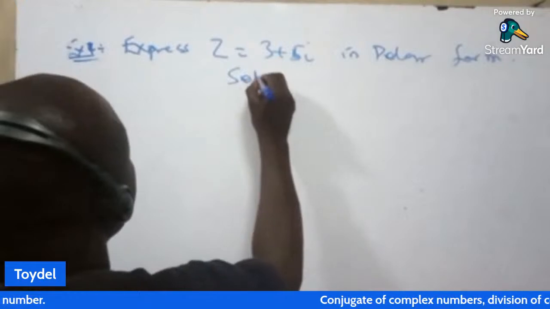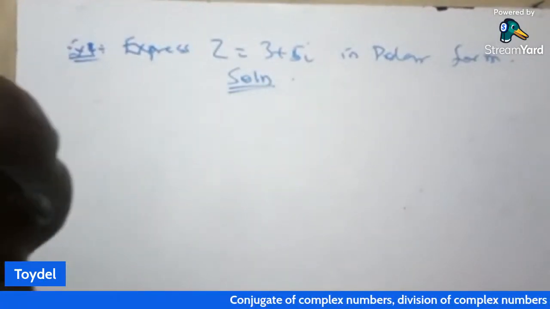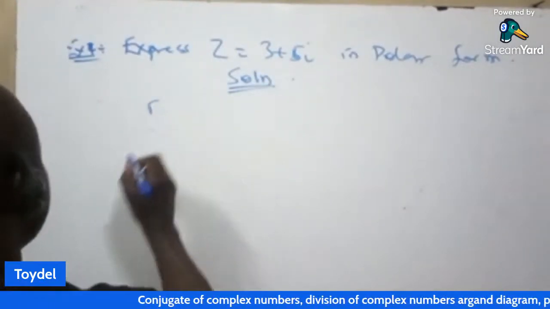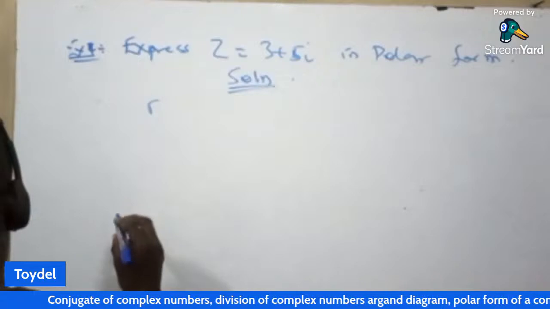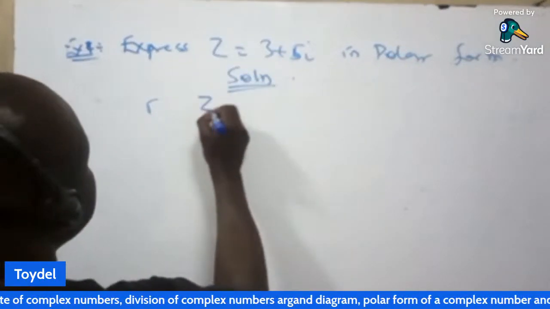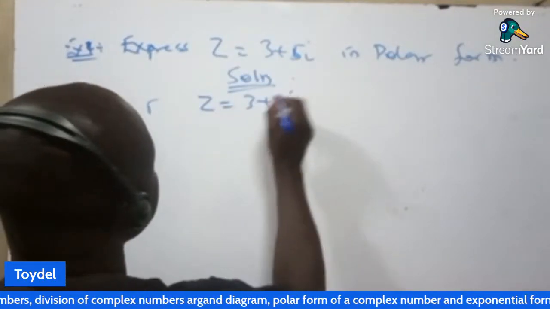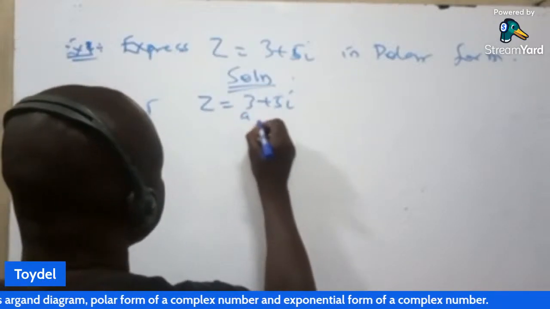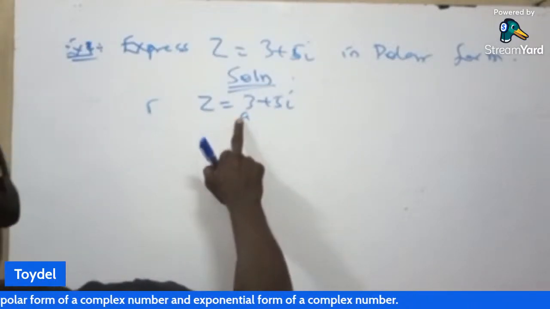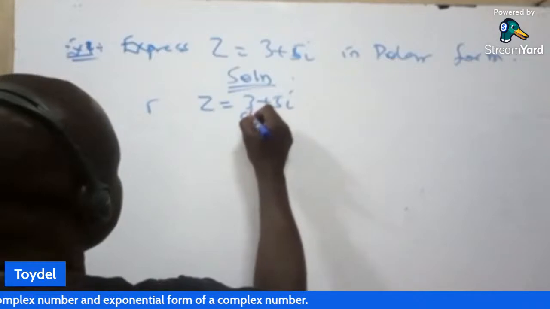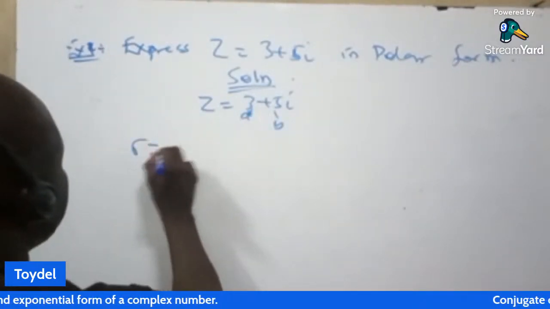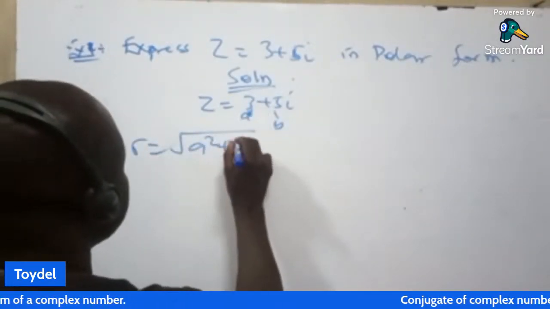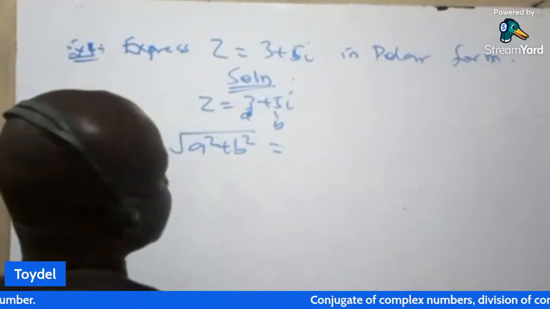So how do I convert this to polar form? Of course, I will need r, which is the modulus. From here, z is equal to 3 plus 5i. This is the real part, which I call a, and this I call b. So r will be equal to the square root of a squared plus b squared, which is the modulus.